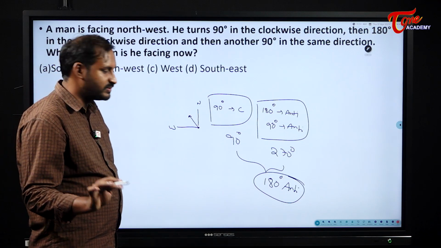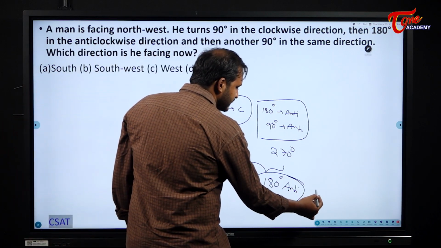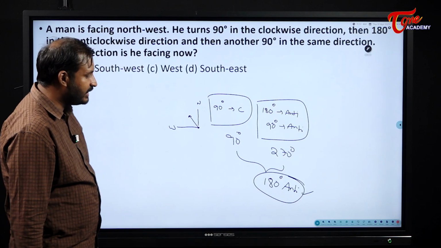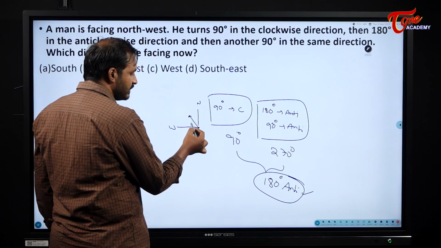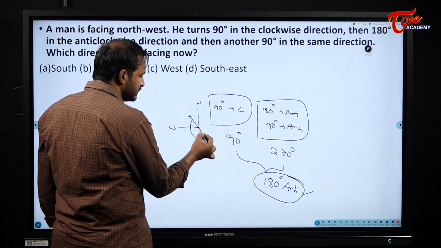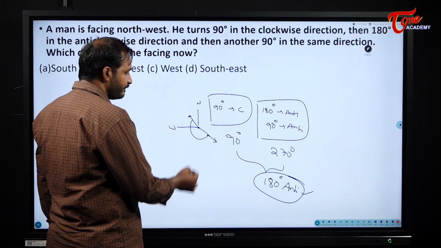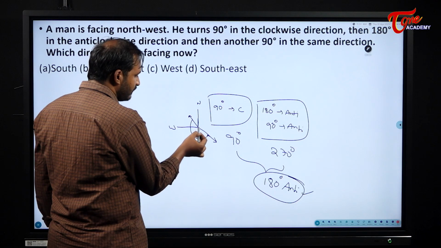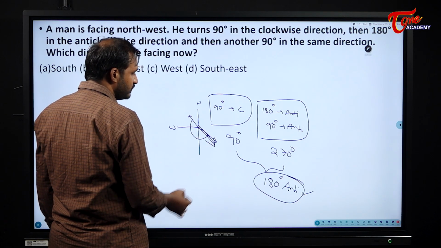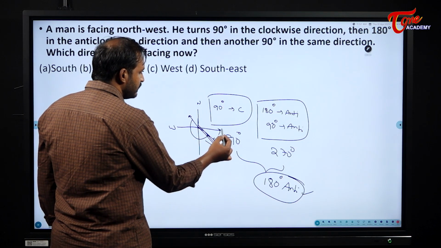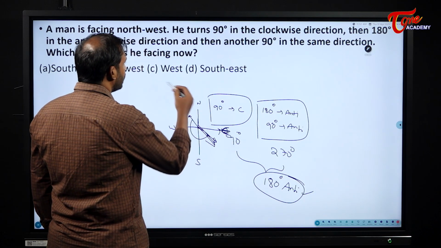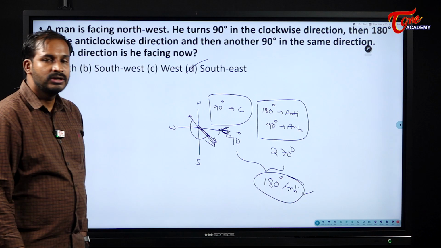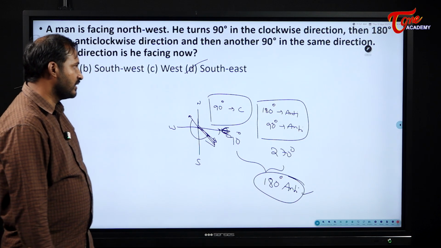But for your knowledge sake, I will write it as anti-clockwise. 180 degrees anti-clockwise means which direction? Reverse direction. That means from this position I will come to this position. What is this position? Southeast. Our answer here is southeast.